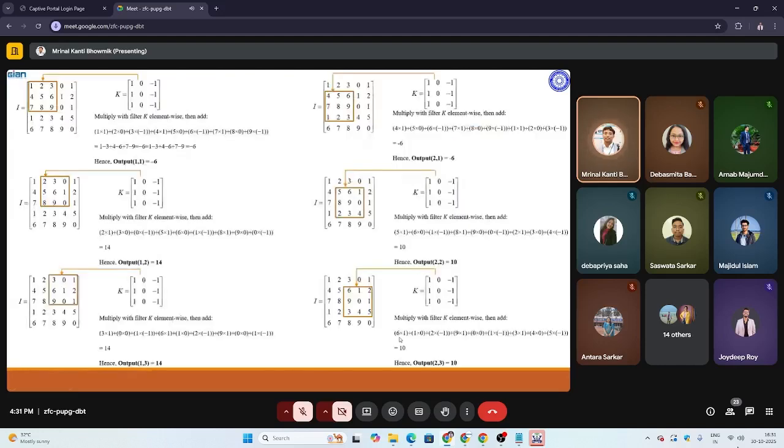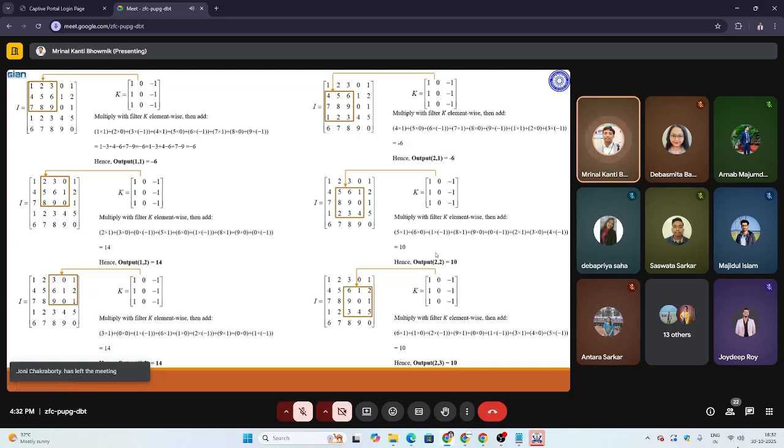In the next slide, you can see that when I perform the convolution operation over the 5 by 5 matrix with the filter, it works by multiplying the values: 1 into 1 plus 2 into 0, and in this way I get the value minus 6 for output 1 1. In a similar way, for output 1 2, each time the filter moves one step ahead, and it moves 9 times to cover the whole 5 by 5 matrix, because the output will be a 3 by 3 matrix.